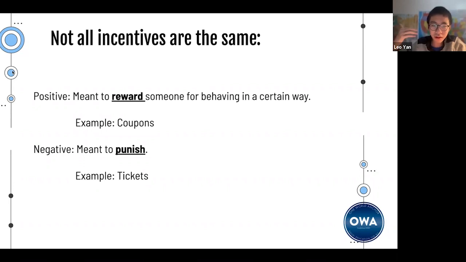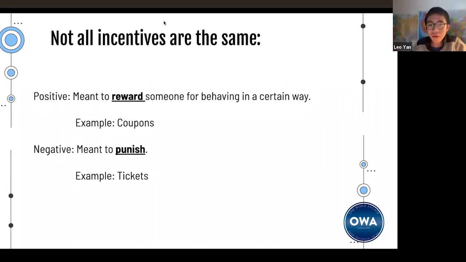For example, an example of this would be coupons. If you went into a store to buy something, right, then you would want to buy it because they will be giving you coupons. I'm pretty sure that all of you have seen this in action before.